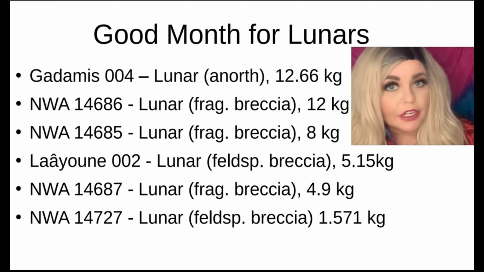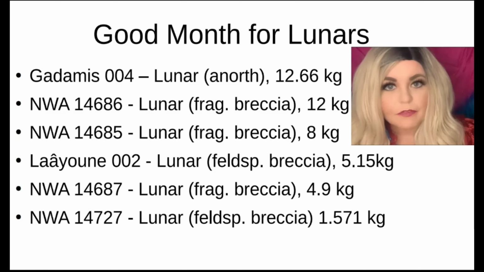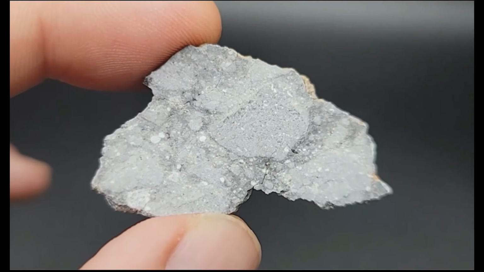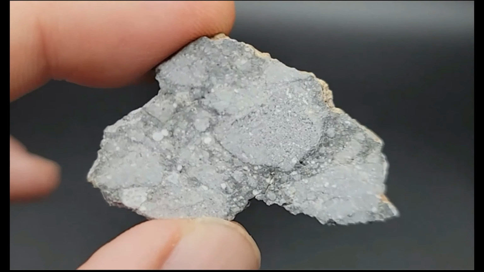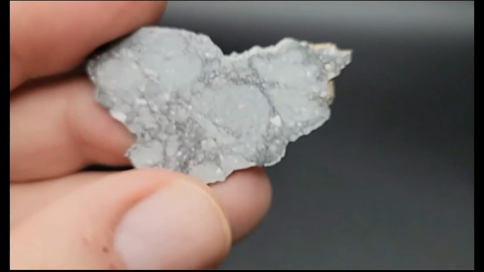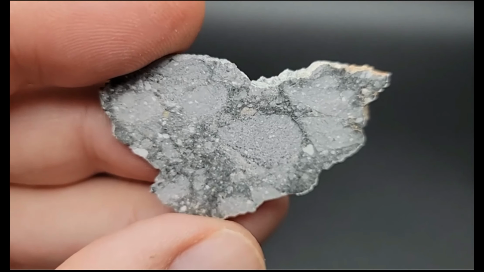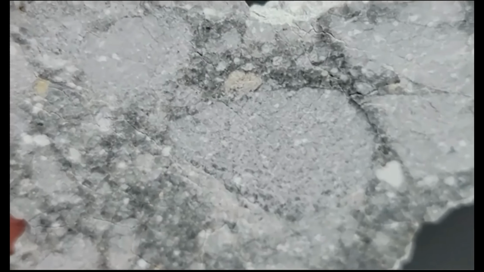The most common of lunar classifications is the lunar feldspathic breccia, and we had 9 of those last month. Before February, it was believed that Gadamus 004 was going to be the largest anorthosite classification on the planet. It was going to triple the amount of anorthosite lunar that we have.